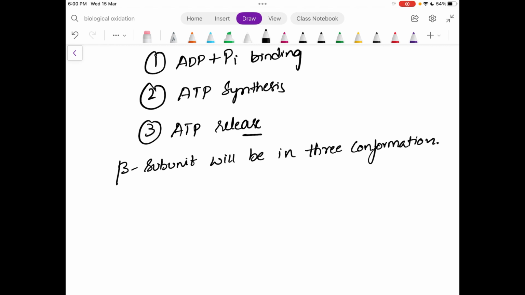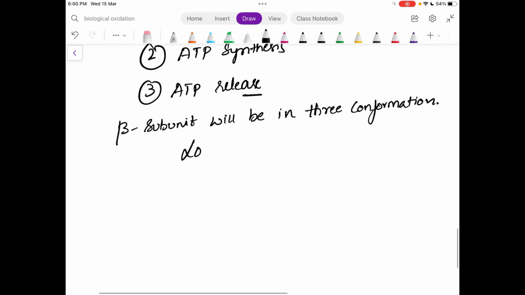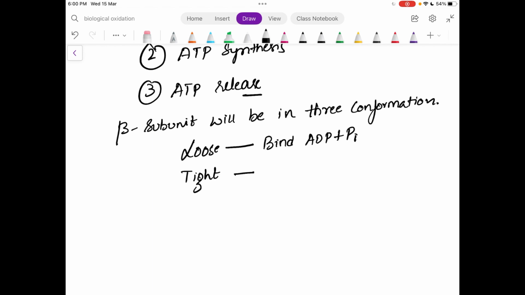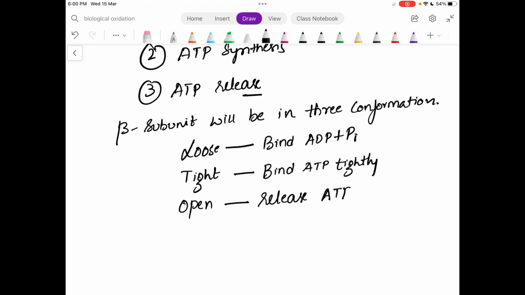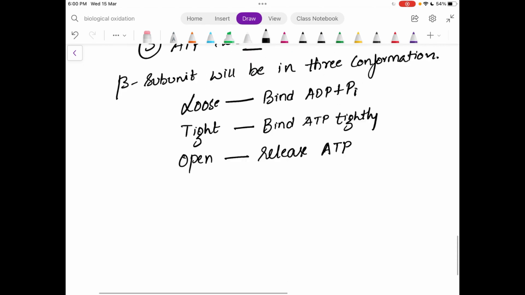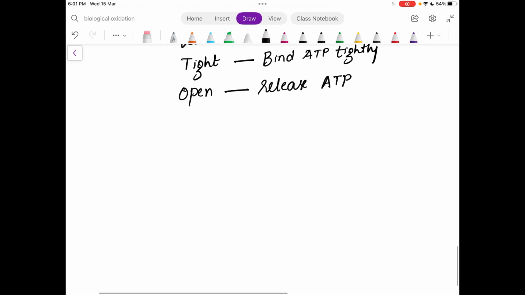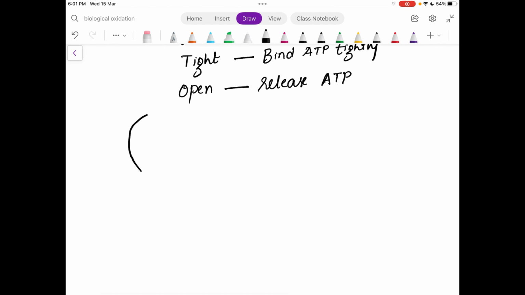What are those 3 conformations? The loose conformation, which will bind ADP and inorganic phosphate, the tight conformation, which will bind ATP tightly, and the open conformation, where there will be a release of ATP. So this will be like this.